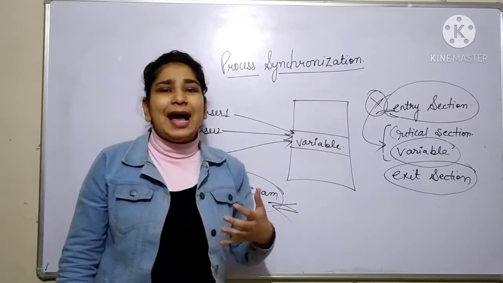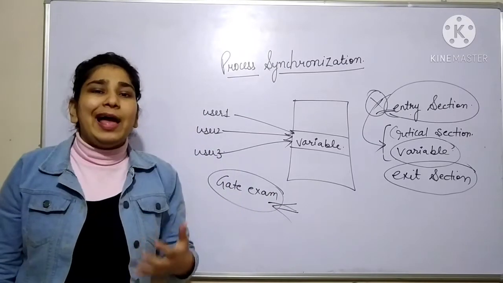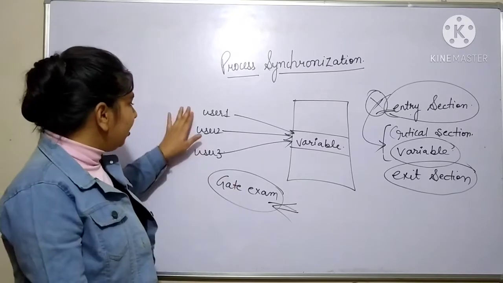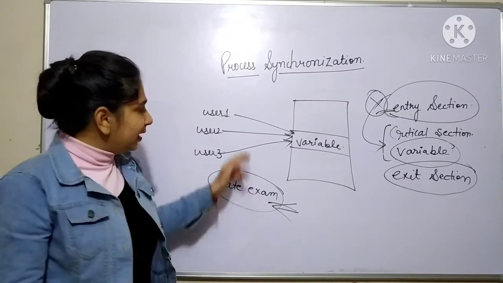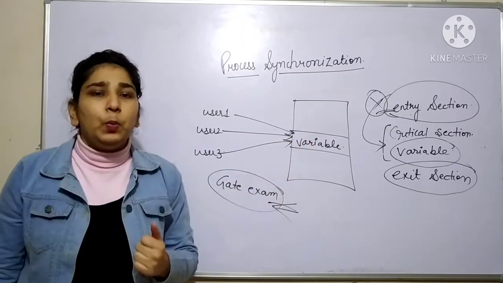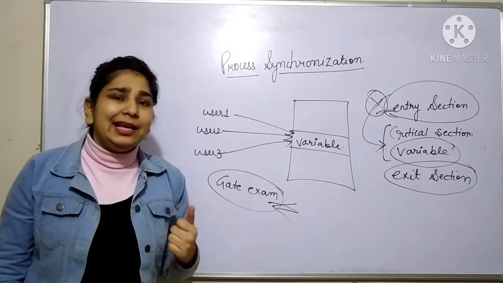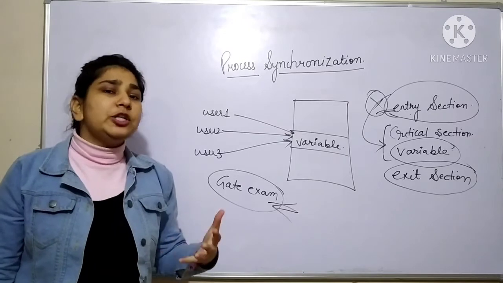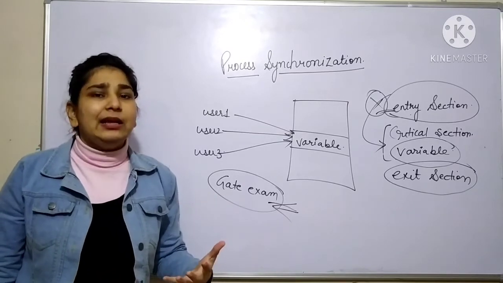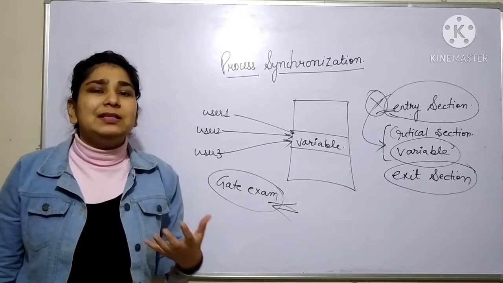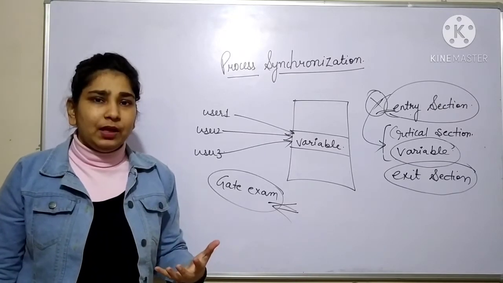So we have to design some algorithms for how we can maintain coordination among many processes requesting the same variable. If you are going to make any algorithm, first of all we should have some criteria, some parameters for how you will be designing your algorithm.